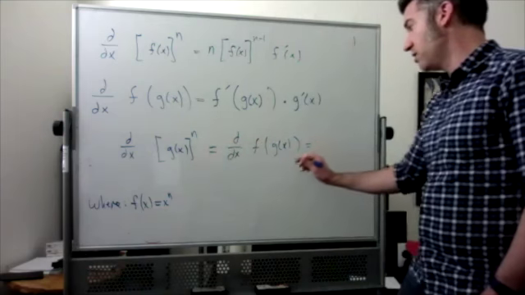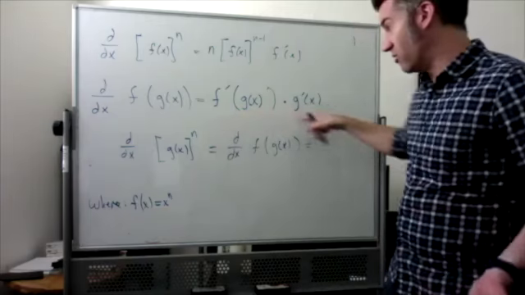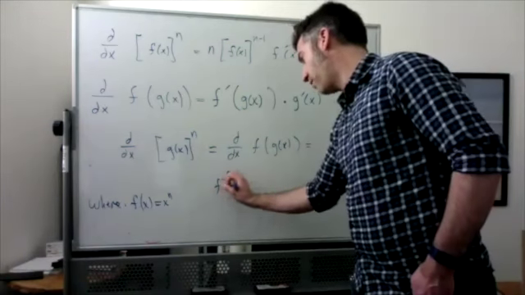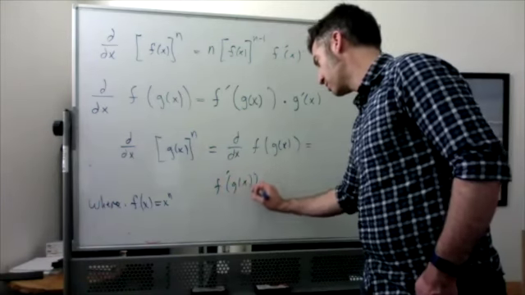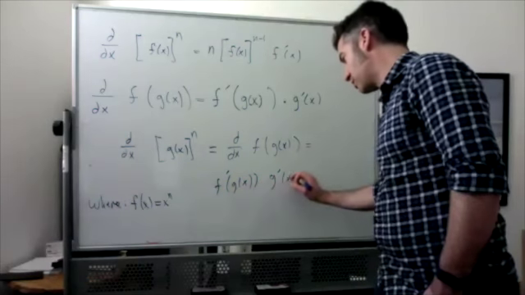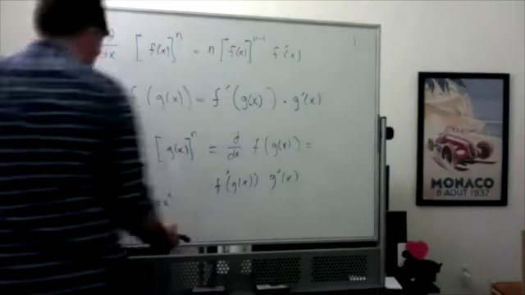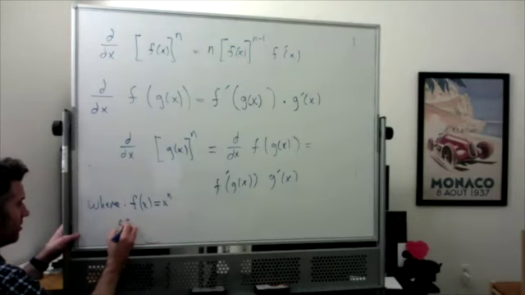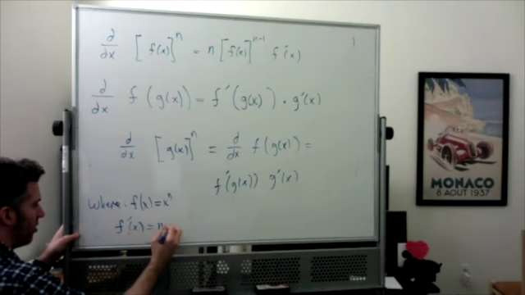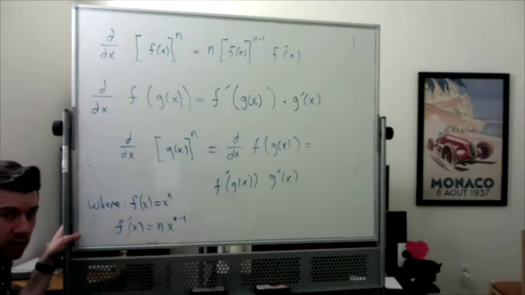So this would be writing it out in the very general way, f prime of g of x times g prime of x. But f prime of x to the n is the power rule, n times x to the n minus 1.